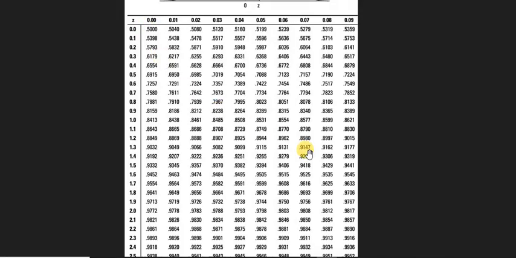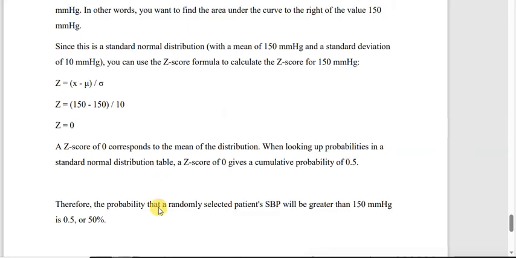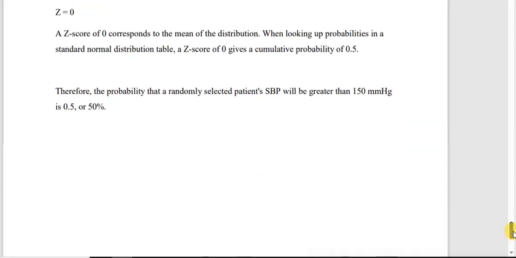So that gives us that probability. Therefore, the probability that a randomly selected patient will have an SBP greater than 150 is 0.5. In other words, you can say it is 50%.